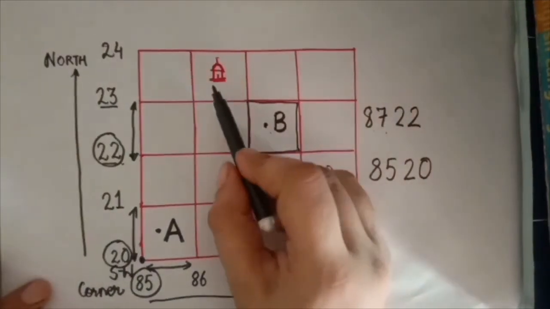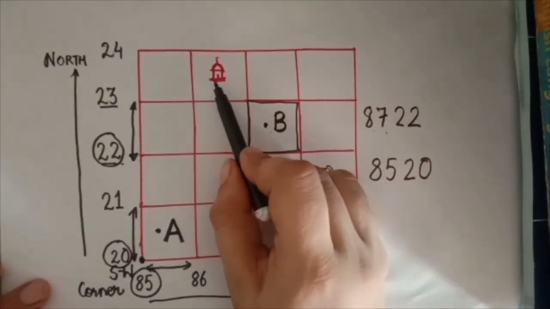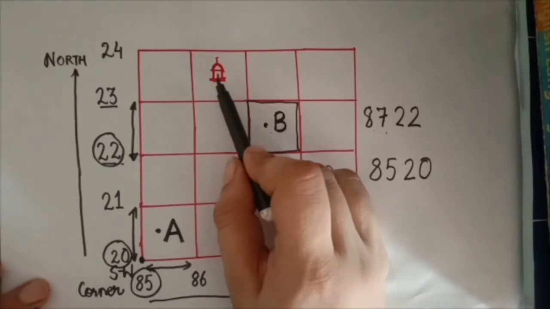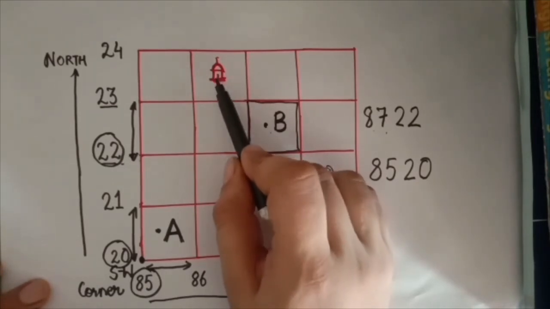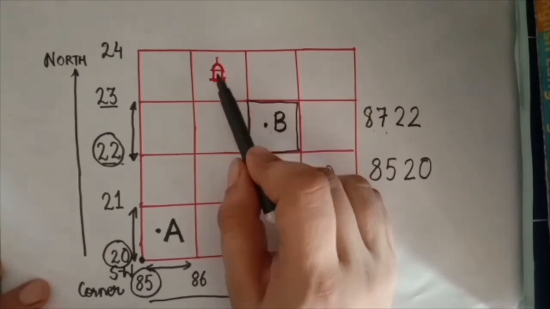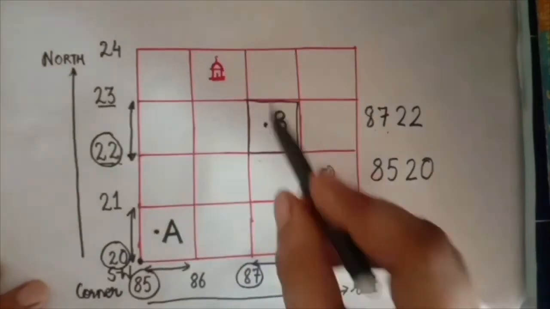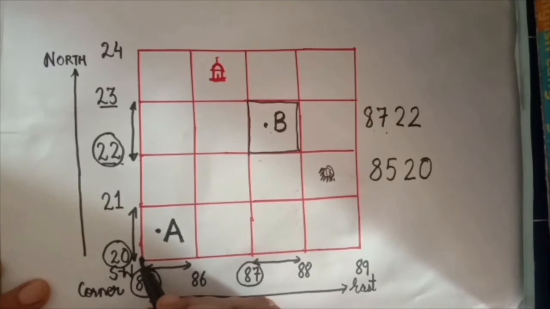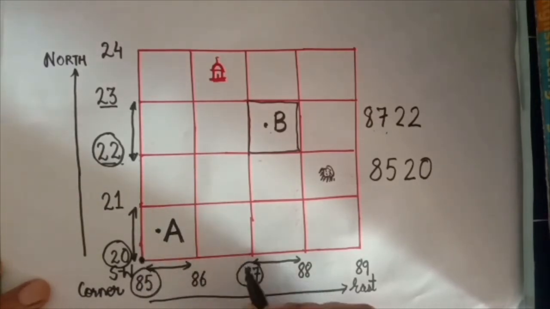Now, children, let us find out the location of this temple given in red on this map. For this, first of all, we will locate its eastings. Keeping in mind its southwest corner, we will look towards its east.